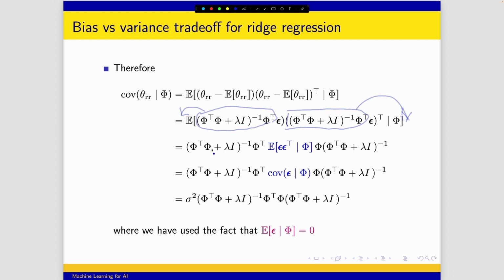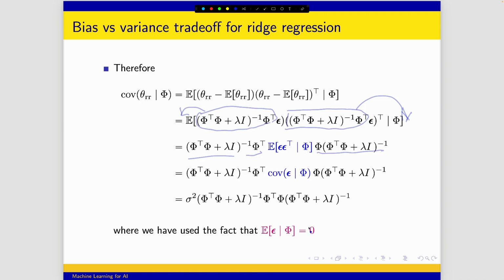So this goes outside, becomes this. That goes outside, it becomes this. What we're left with inside is the expected value of epsilon times epsilon transpose conditioned on phi. But we know that by our assumption, the expected value of epsilon conditioned on phi is 0.